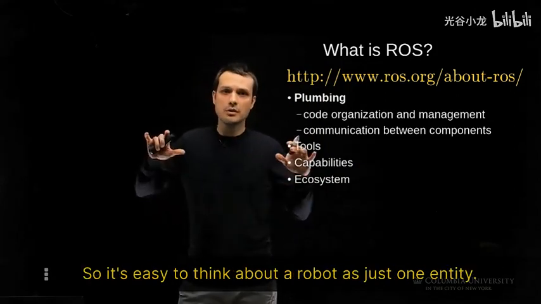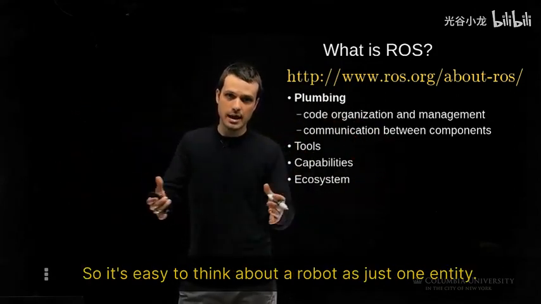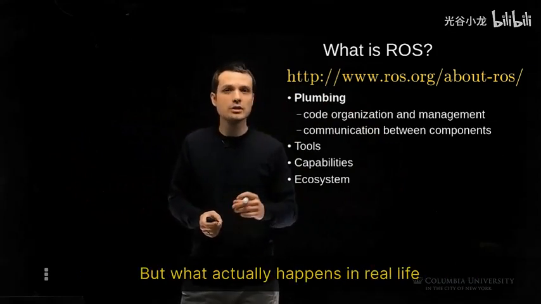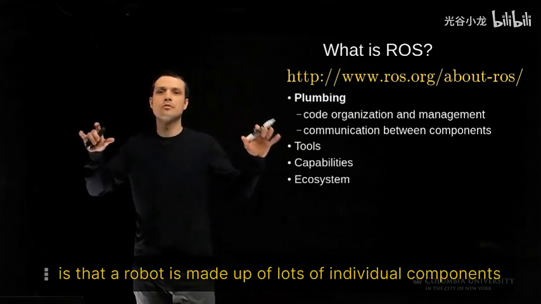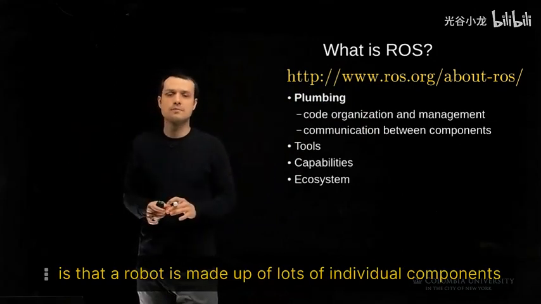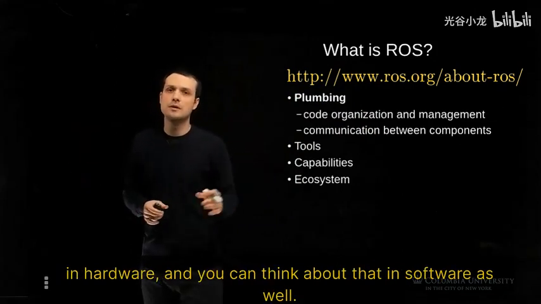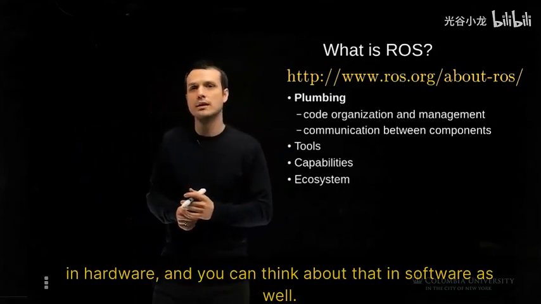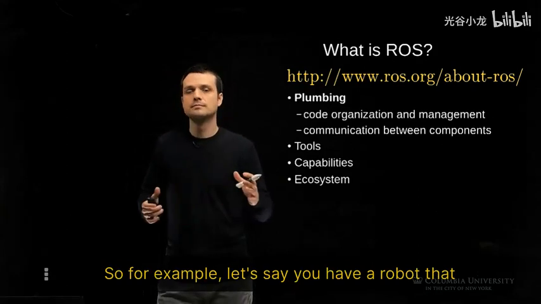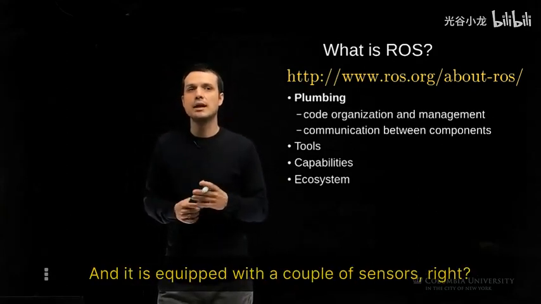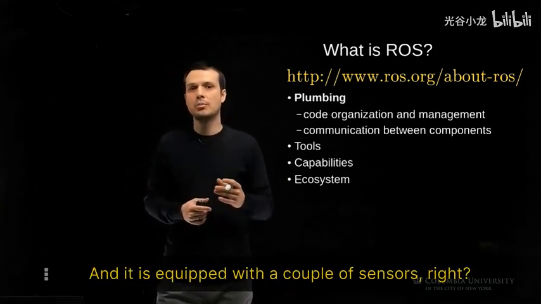It's easy to think about a robot as just one entity, but what actually happens in real life is that a robot is made up of lots of individual components in hardware, and you can think about that in software as well. For example, let's say you have a robot that is navigating around, and it is equipped with a couple of sensors.